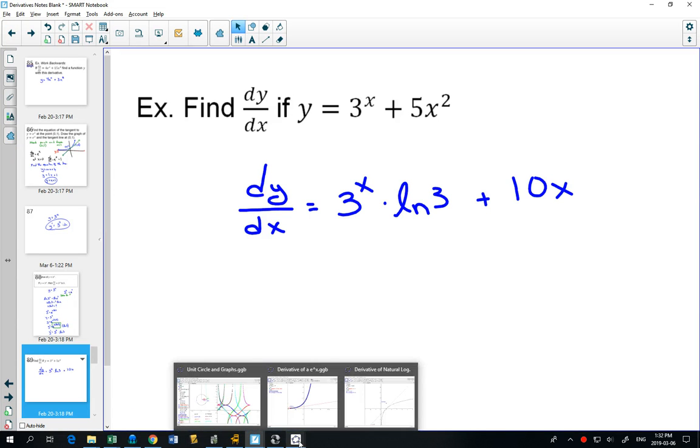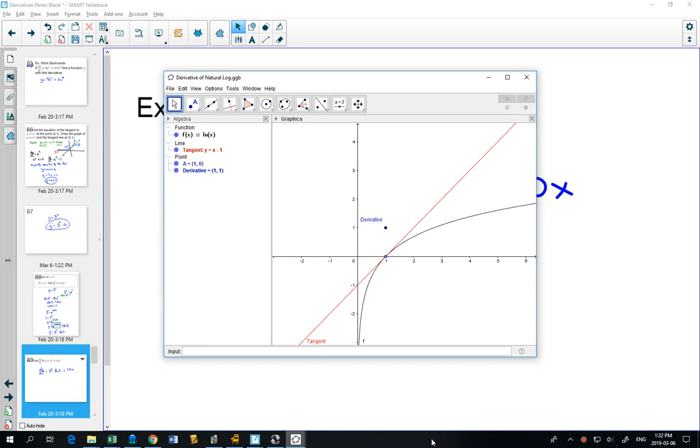Next graph to look at, the natural log. If the derivative of e to the x stayed the same, will the derivative of natural log stay the same? No. There we go.